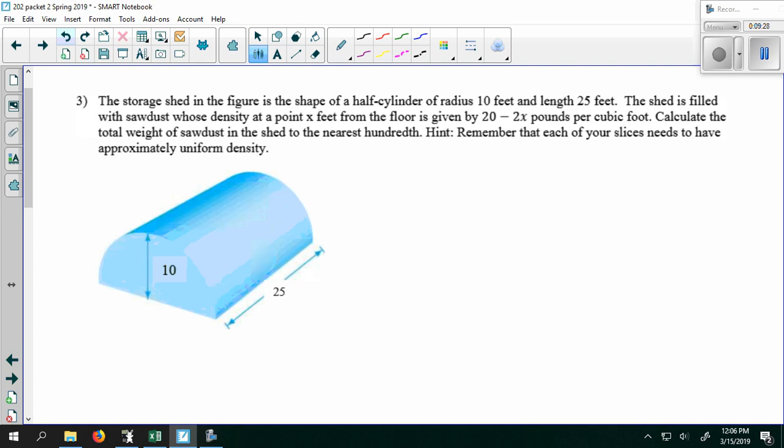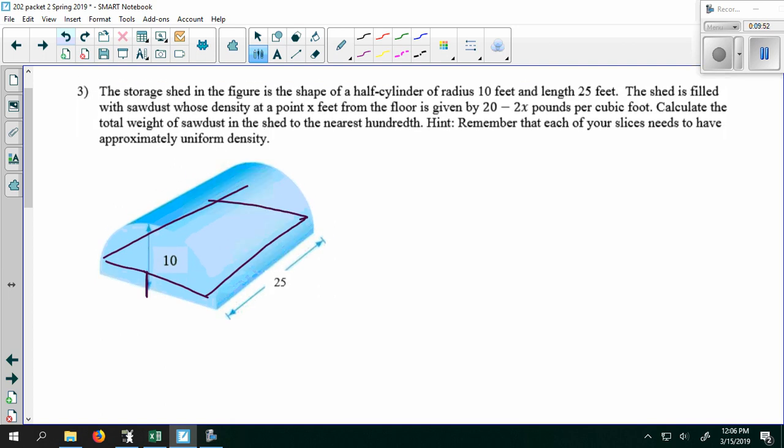Okay, so I've got some height x here. I'm going to try to draw my horizontal slice through the cylinder. It's going to be rectangular. So I've got a rectangular slice through here.